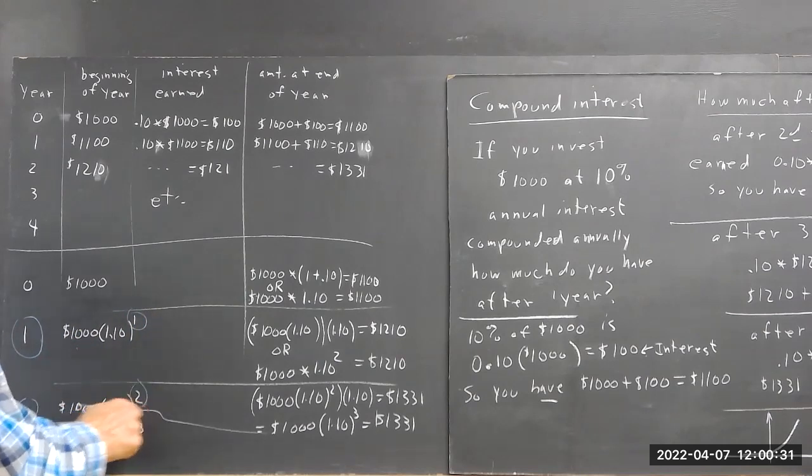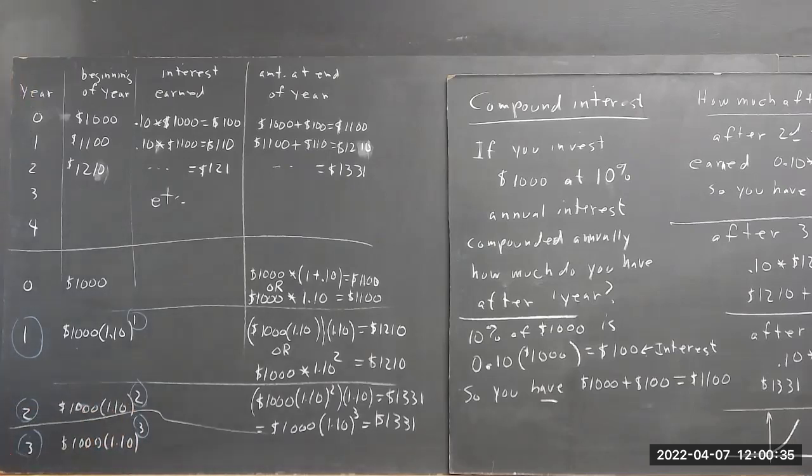After 2 years, we have this. After 3 years, we have this. That makes sense? Every year we multiply by 1.10. So after 3 years, we will have multiplied by 1.10 3 times, which is equivalent to multiplying by 1.10 cubed.